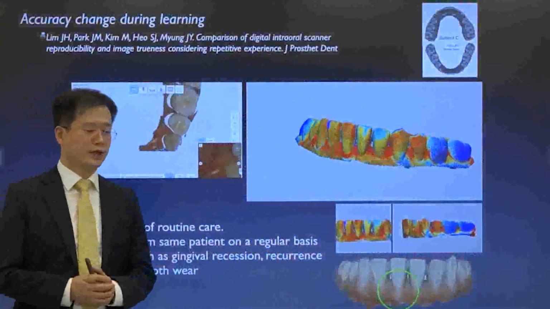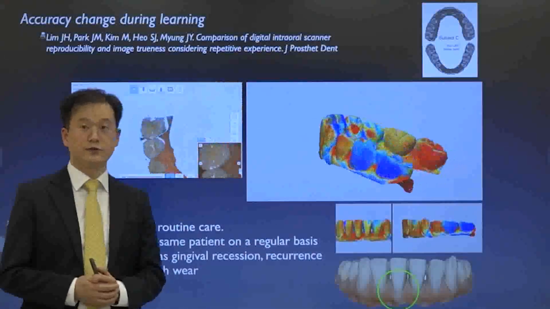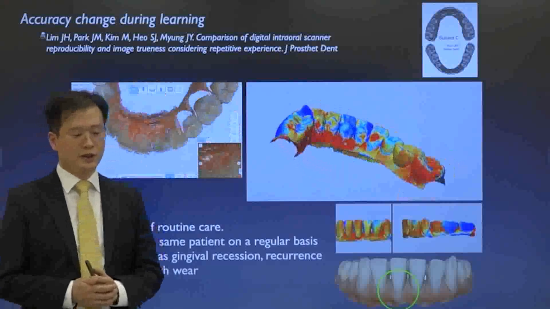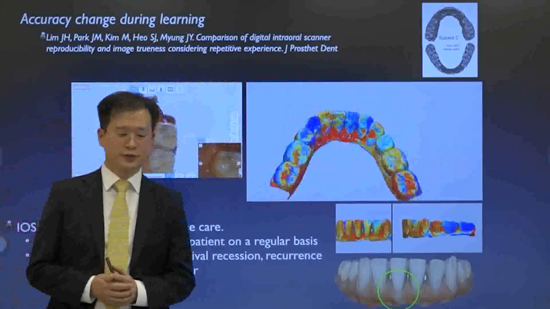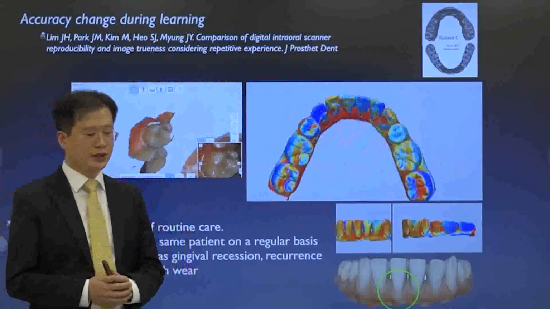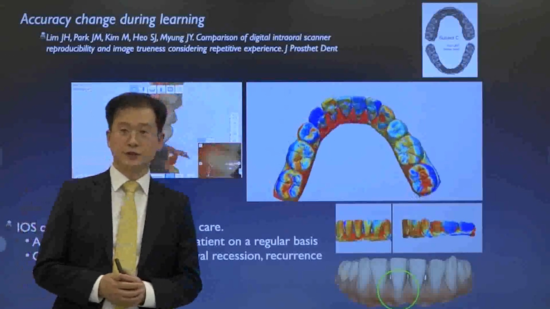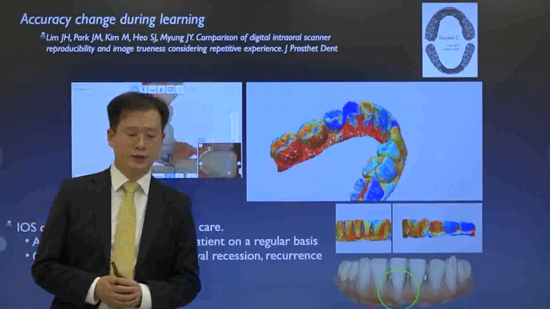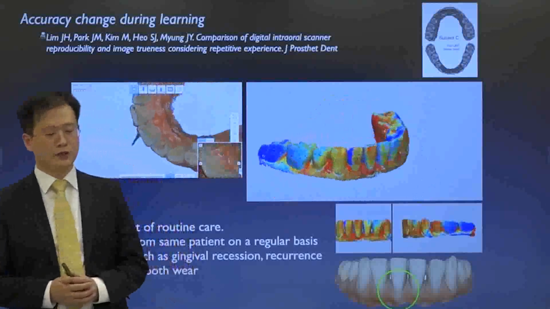The intraoral scanner can be used as part of routine care. By accumulating data from the same patient on a regular basis, we can track changes such as gingival recession, recurrence of malocclusion, and tooth wear.